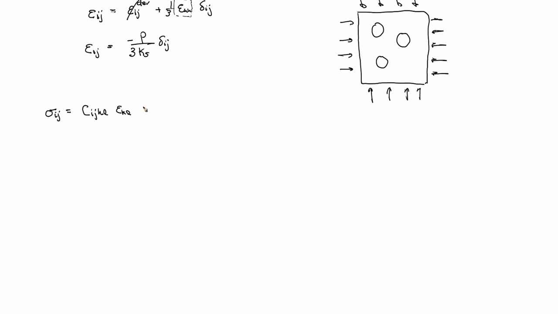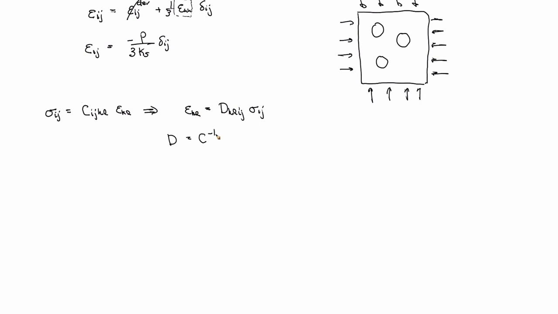So you sort of have to take my word for it, but we can invert this relationship. In other words, we can solve for epsilon_kl, and what we'll call that is d_klij sigma_ij, where d is sort of C inverse.